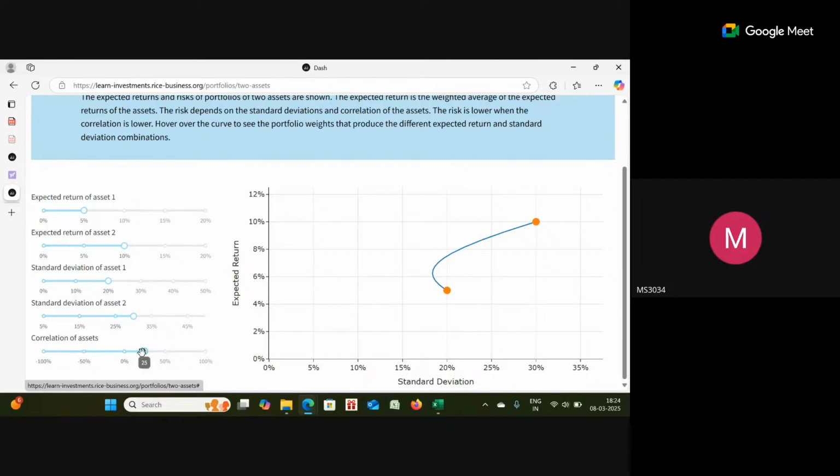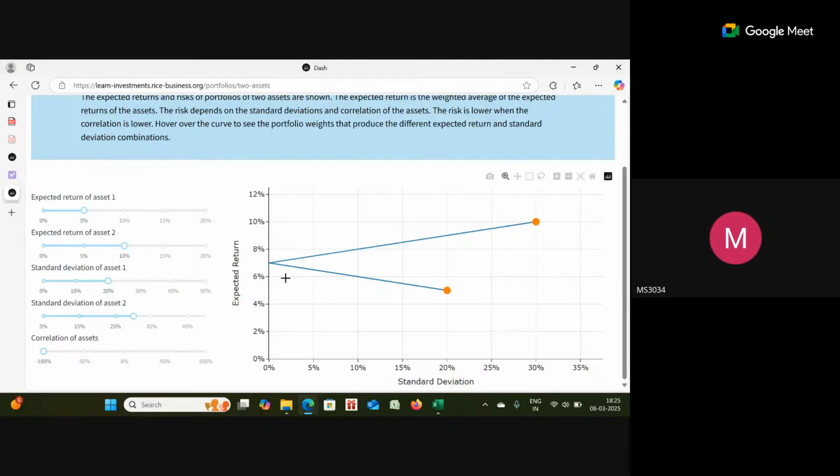Let's first look at how changing the correlation impacts this minimum variance set. Let's suppose there is no correlation, then this is the case. If there is negative correlation, then this is the case that remains.